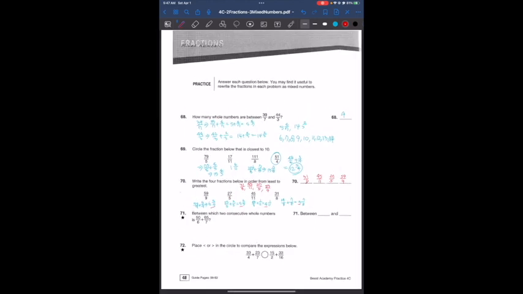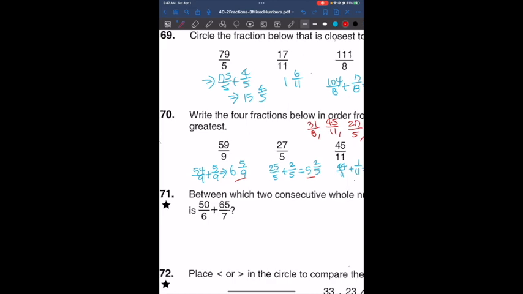And then it says, between which two consecutive whole numbers is 50/6 plus 65/7? So 50/6 can be written as 48/6 plus 2/6. That's going to be 8 plus 1/3.